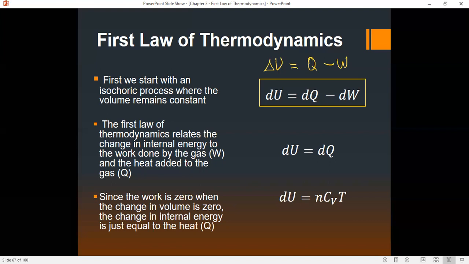Now, for the case of isovolumetric, we say that the work done is zero because there is no change in volume. So we're going to look at that case right here. Let's set dW equal to zero and look at the change in internal energy as a function of the heat. Well, that's pretty simple, right? The heat is equal to the number of moles times the specific heat at constant volume.